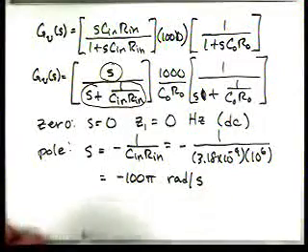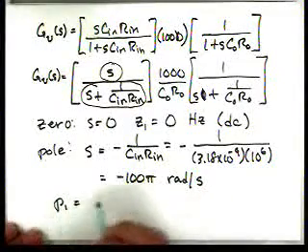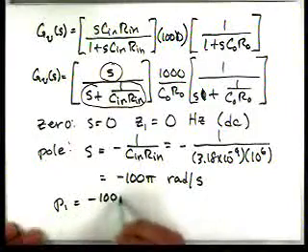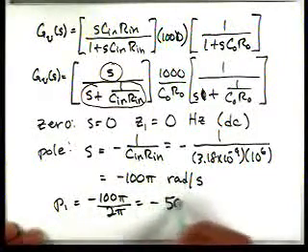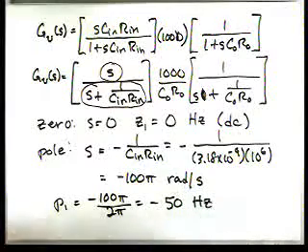So now if we go to convert that to hertz, we'll divide by 2 pi, so this will give us one pole at minus 50 hertz.